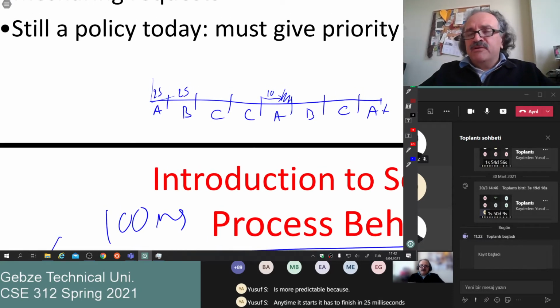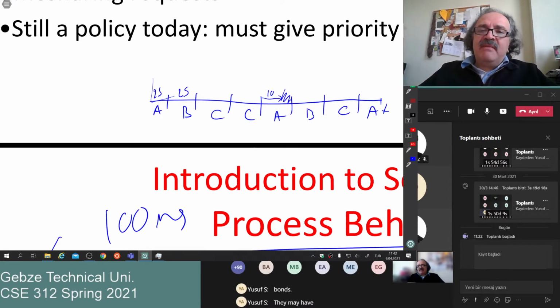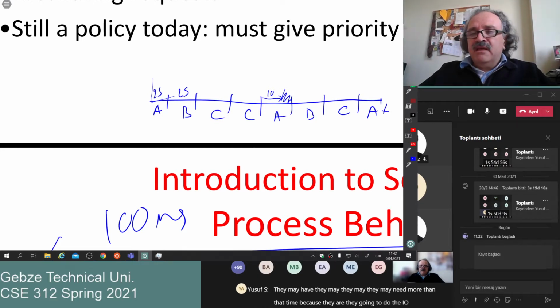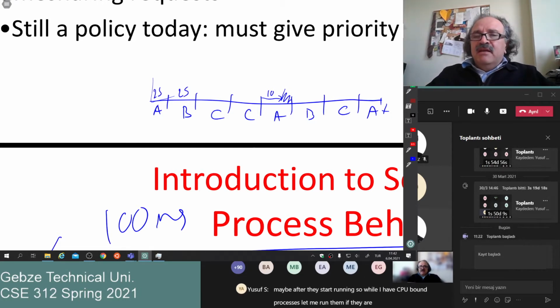For the I/O bound ones, they may need more than that time because they're going to do the I/O later, maybe after they start running. So while I have CPU bound processes, let me run them if they are ready. Otherwise, I am going to let I/O processes run. So that might be the logic.